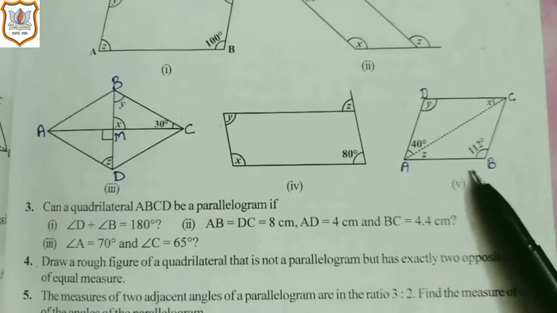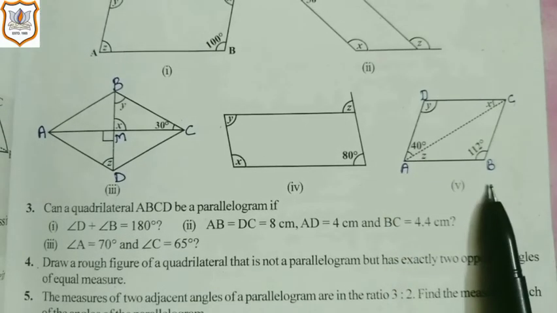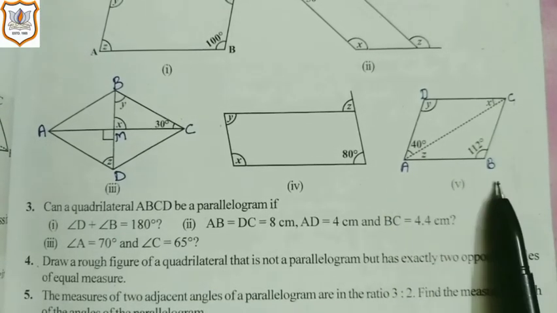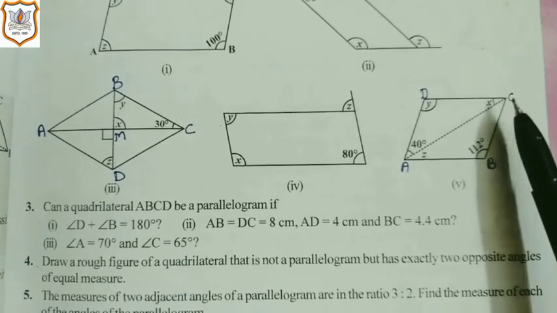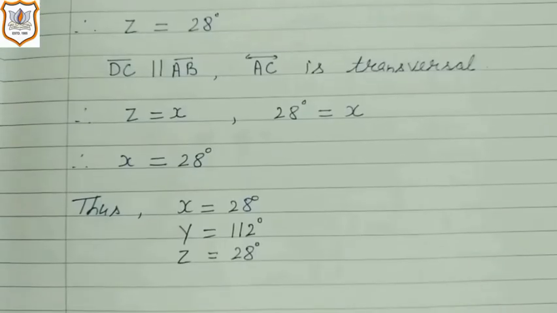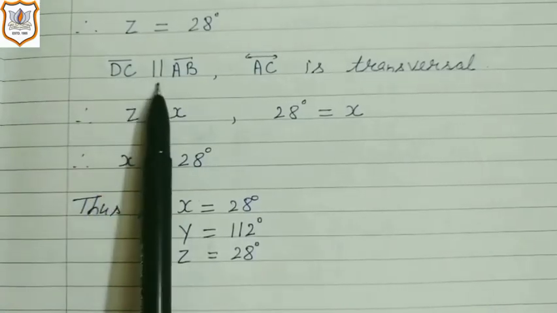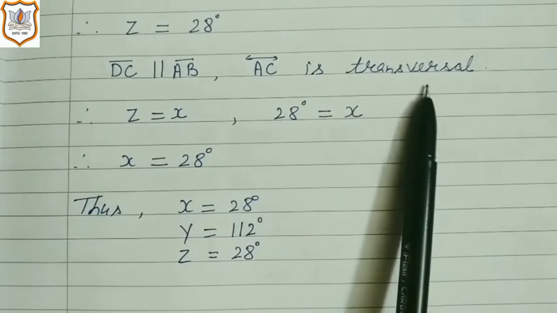Look at figure. CD and AB are parallel lines and AC is transversal. So X is equal to Z. So line DC is parallel to line AB and AC is transversal.